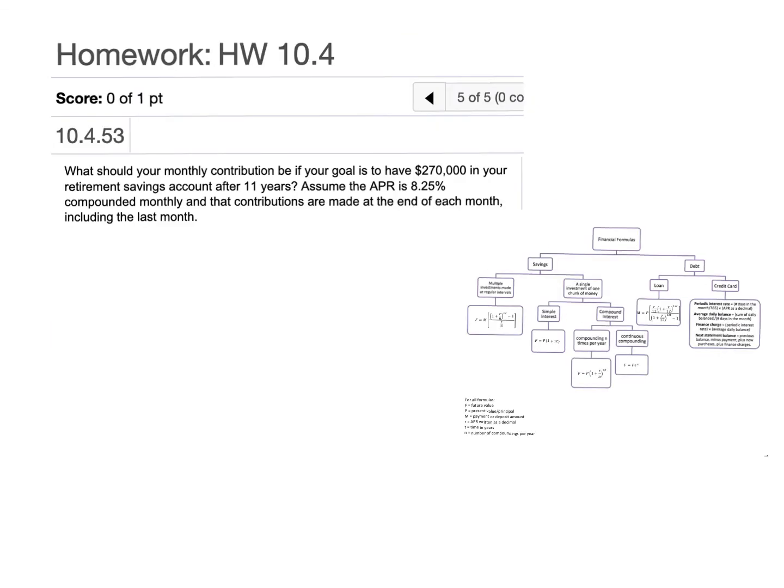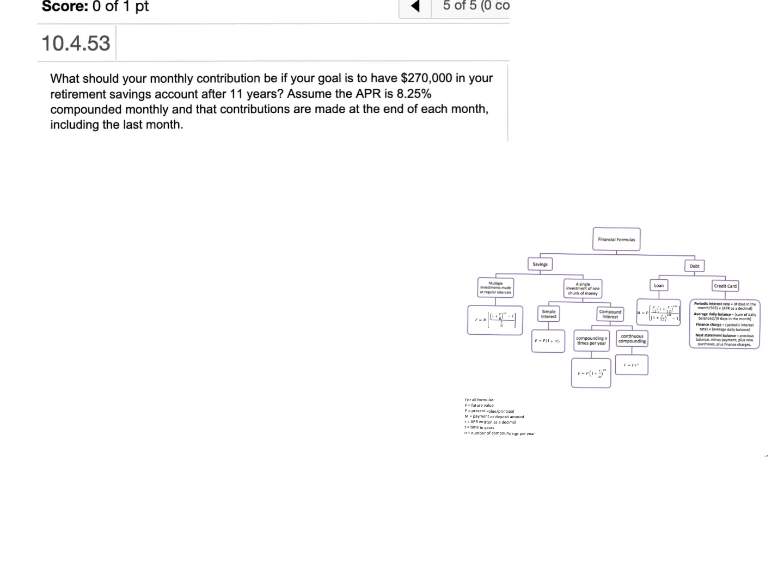The last one, what should your monthly contribution be if your goal is to have $270,000 in your retirement savings account after 11 years? Interest rate is 8.25%, compounded monthly, and contributions are made at the end of each month. Okay, so if we're making monthly contributions, then we're using the same formula as the previous two problems.